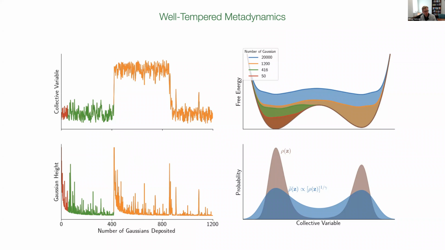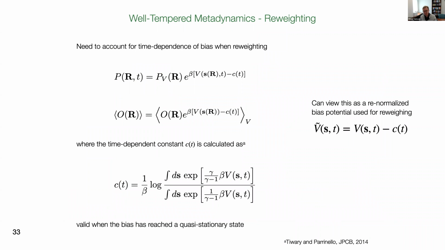There's one issue with well-tempered metadynamics regarding reweighting, which is that now we have a time-dependent bias potential, so we cannot use this reweighting procedure directly. So now we need to account for the time dependence of the bias potential when reweighting. That can be done by using the so-called C of T factor.